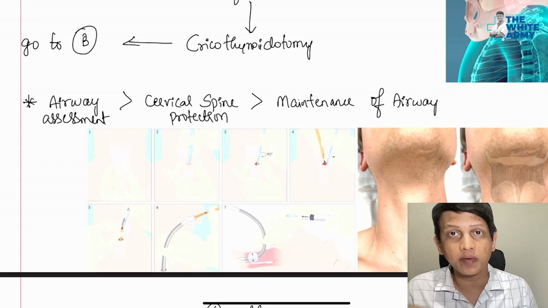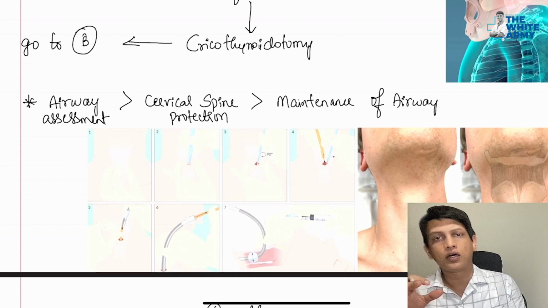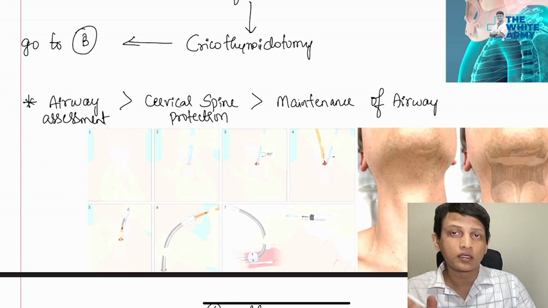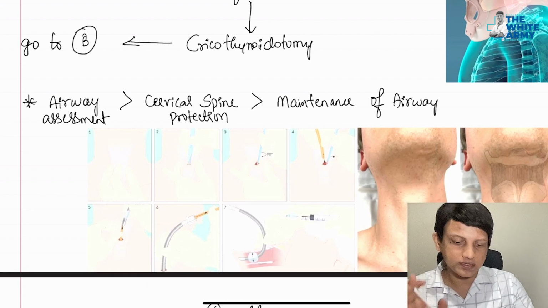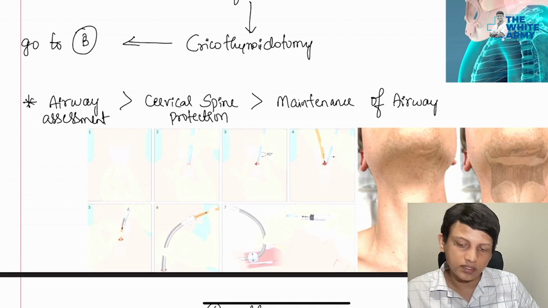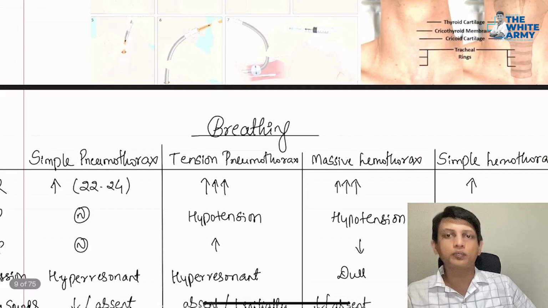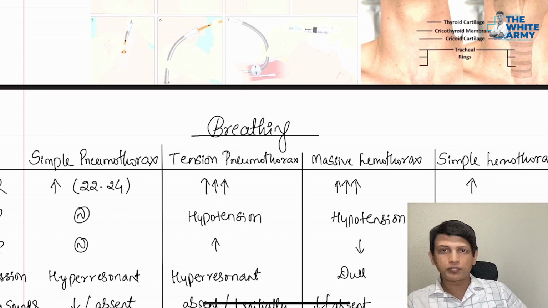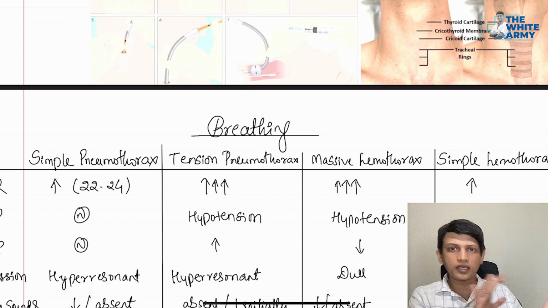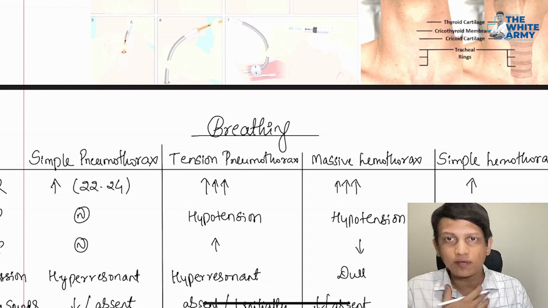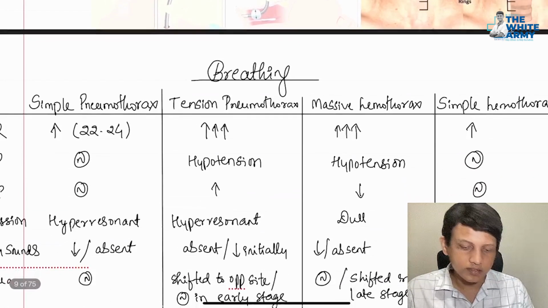Then third comes the maintenance of the airway, whether adjunct or definitive, that we want to secure, only after protecting the movement of the cervical spine. Hope it's clear. This is the sequence. Once the airway is maintained, only then go for breathing. It's not that you first assess the airway and then go to breathing. After clearing up, only then go for the second one. Once the airway is secured, the second is breathing.